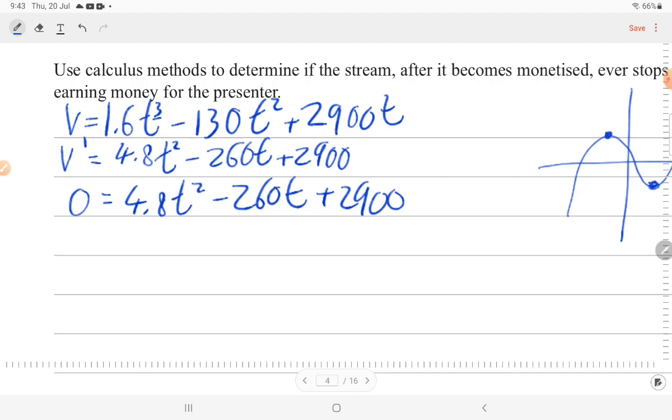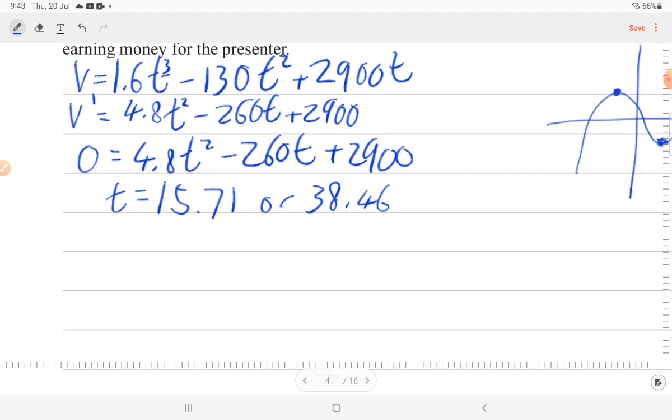So we figure out that t is equal to 15.71 or 38.46. One of these is the local maximum and the other the local minimum.